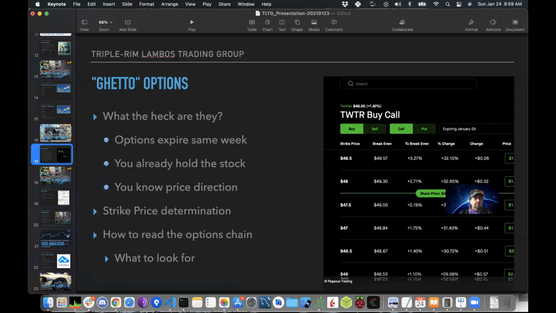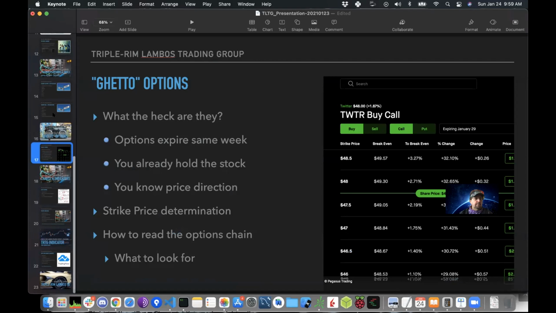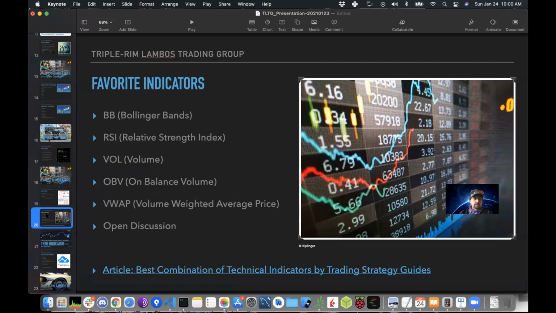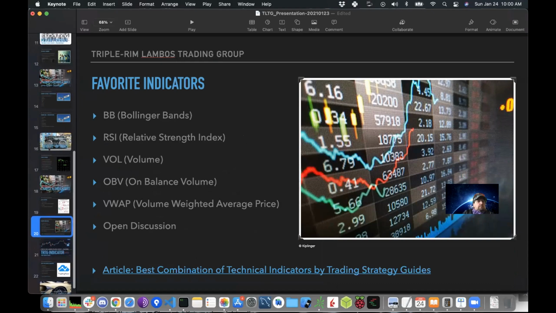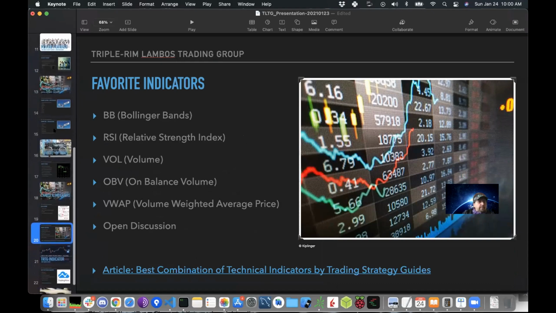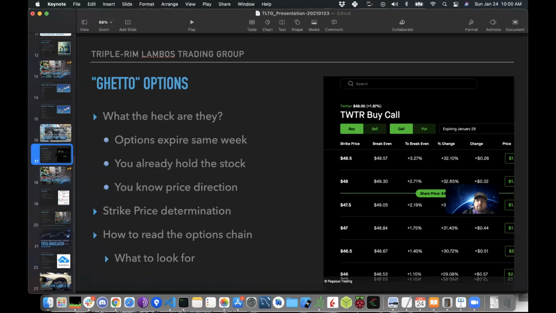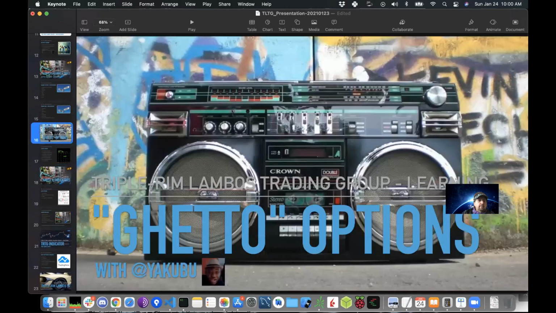which is, if we look at the example that our superstar Yakubu gave in his ghetto options, where did it go? I had that. Let's see, where did that slide go? I had him. What to look for?